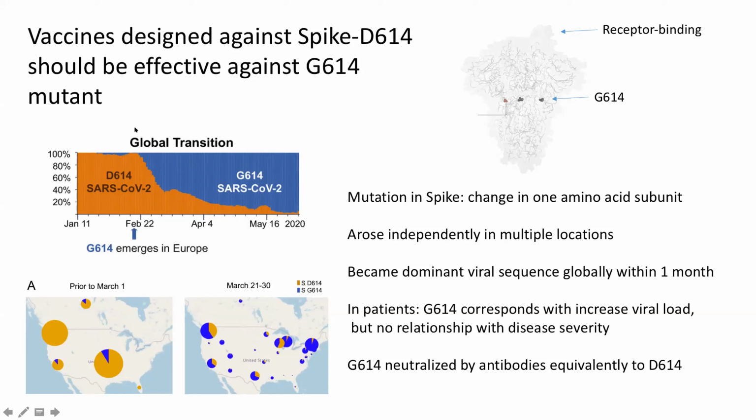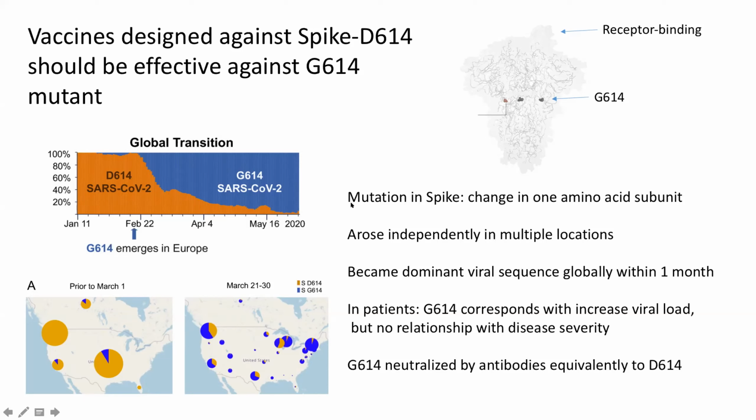You can see this global transition in the amount of virus: the original strain, the D614 virus, sometime around February started getting rapidly replaced by the G614 viral mutation, and you can see this happened in the United States in March as well.